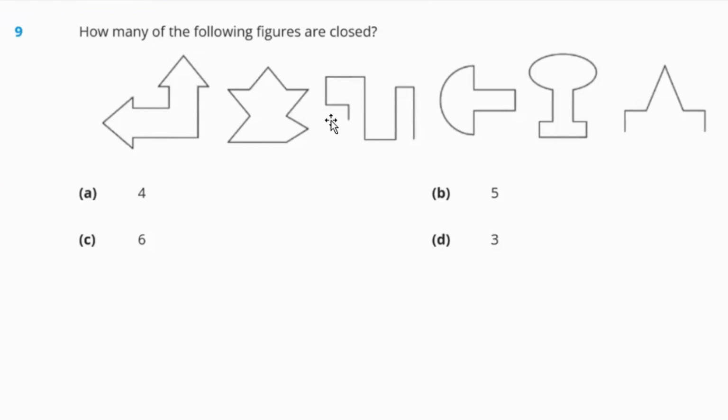So the closed ones are first, second, fourth and fifth. There are four closed figures and the other two are open. The correct option is option A, that is 4.